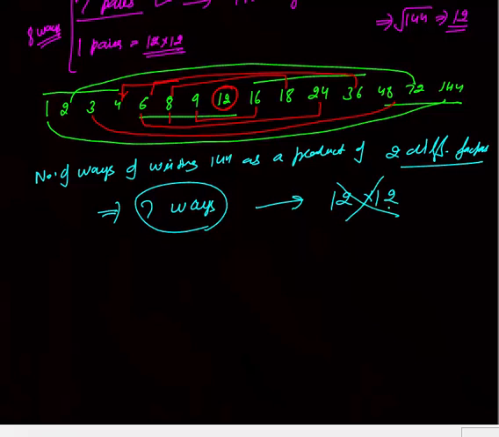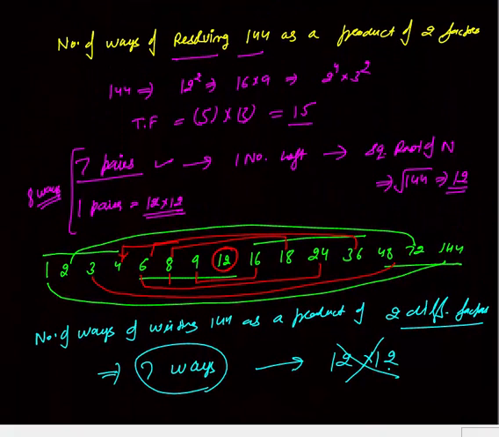So that's the difference. This case arises only when the number is a perfect square. 12 into 12, although it makes 144 and both of these are factors, they are not distinct. So the distinct answer would be 7. Otherwise your answer would be 8 ways.